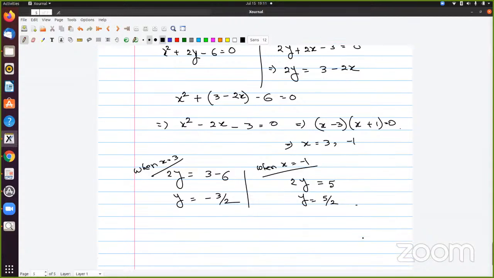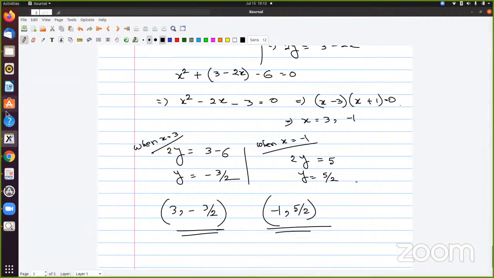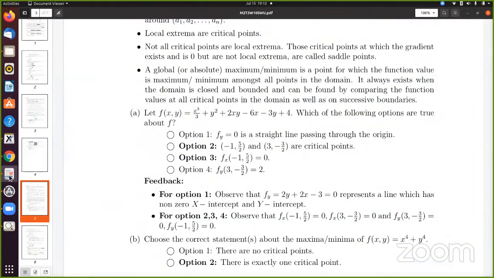Yes, sir. Okay. So basically (3, minus 3 by 2) is one point, and (minus 1, 5 by 2) is another point. So these two are critical points, correct? So let's see what are the options.